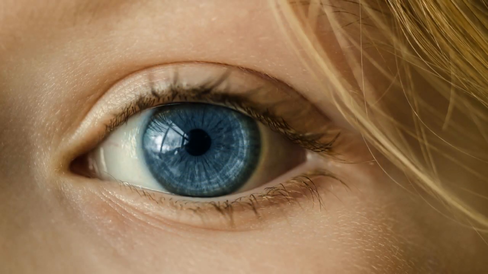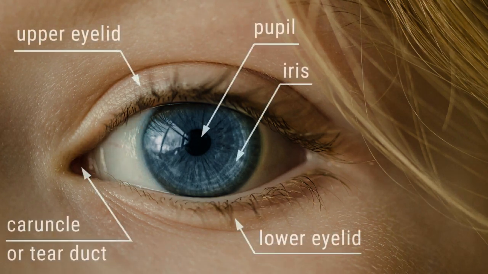What are the external parts of the eye? It's the visible segment of the eyeball itself, including the iris, the colored part of the eye, and the pupil, the opening in the center of the iris. The size of the pupil depends on the amount of light entering the eye.